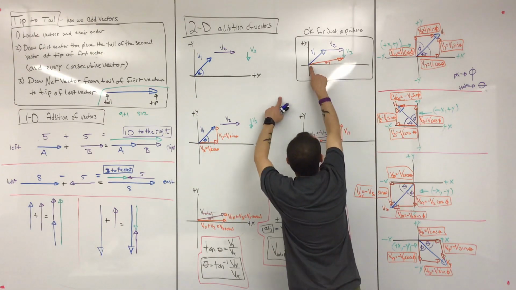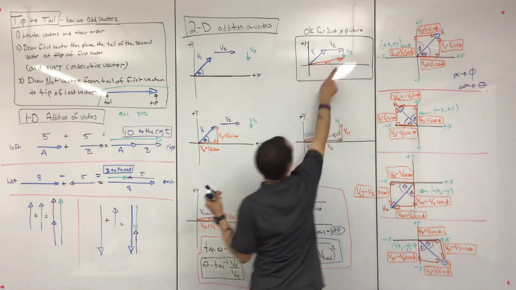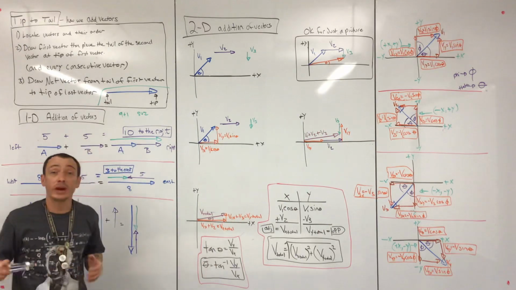So it's going to be drawn from the tail of v1 to the tip of v3, and that's the net vector here.